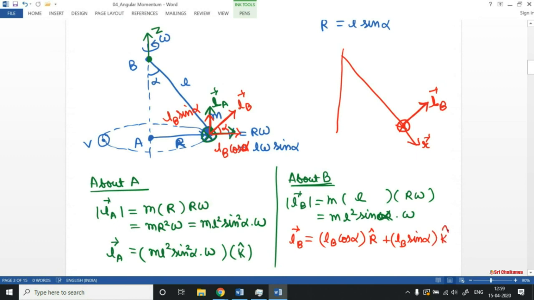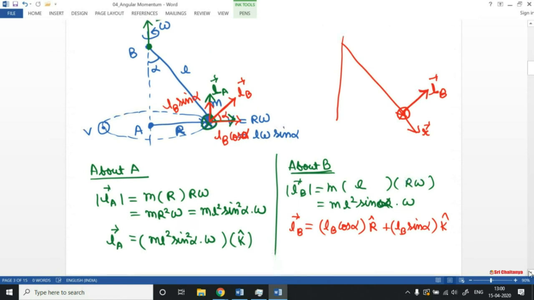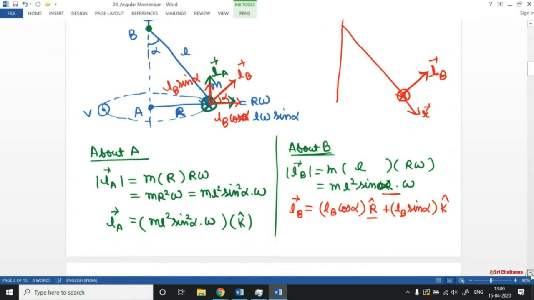So you can see, about A, the direction and magnitude of angular momentum are both constant, but about point B, the magnitude of angular momentum is constant, but its direction is continuously changing, because the direction of this r cap will be changing continuously. So this is one example of a conical pendulum.